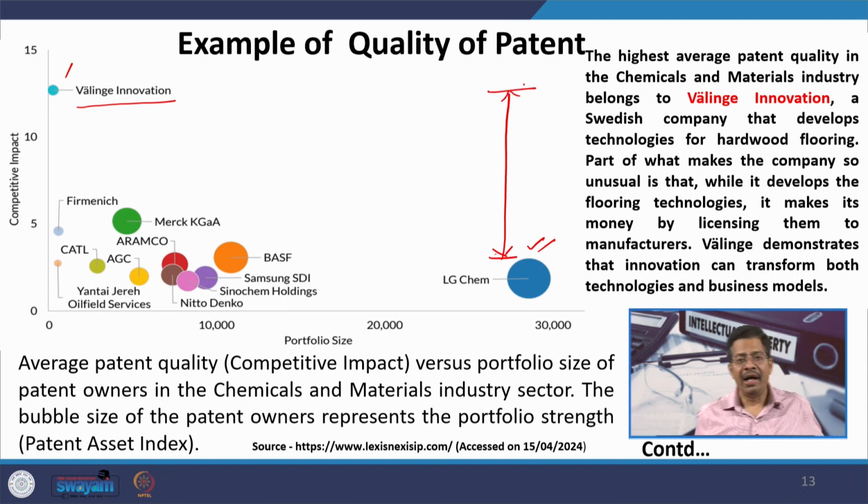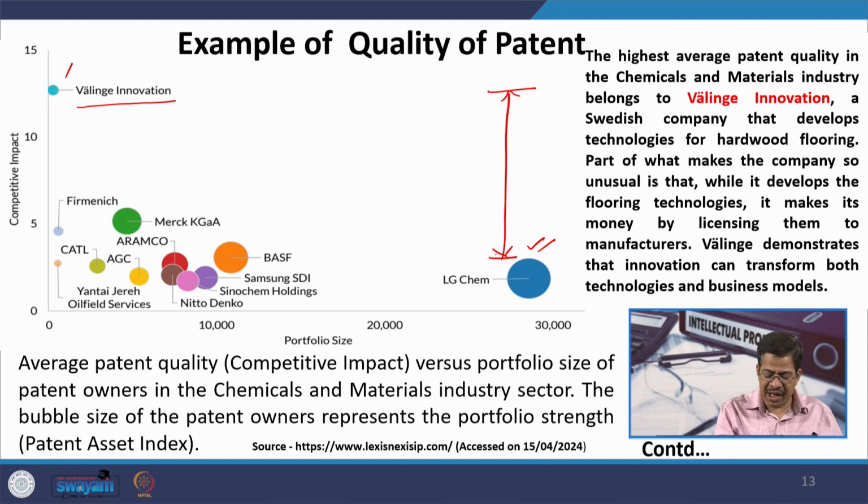than LG Chemicals. So, this is an example that even though you may have a large portfolio of IP, the competitive benefit which a smaller portfolio is giving is much higher because of the value of that type of IP.